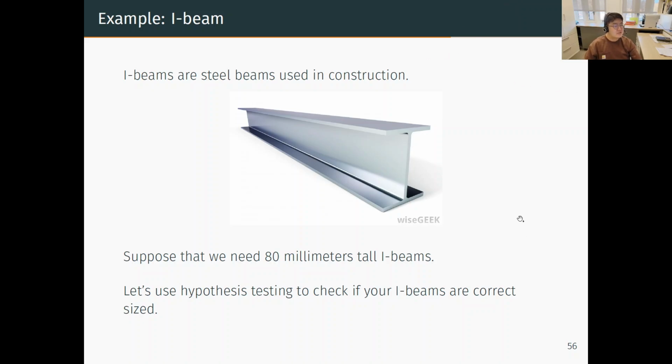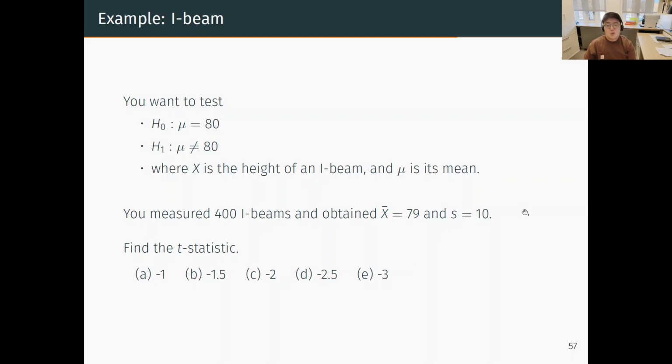Let's start. First, we would like to test the hypothesis formulated this way. I believe that the I-beams are the correct size, which is the average, expected height is 80 millimeters. When you measure the height, it should be 80 millimeters.